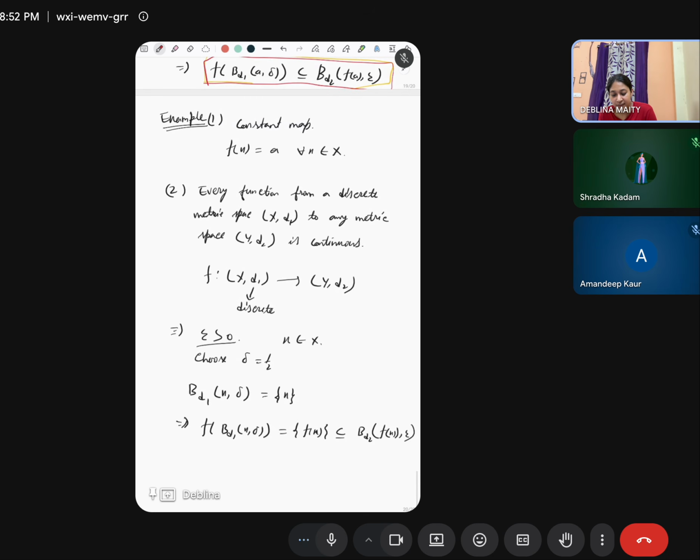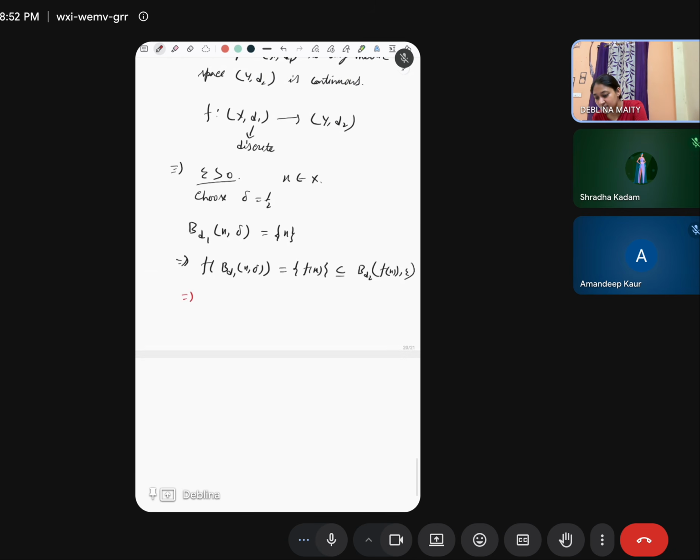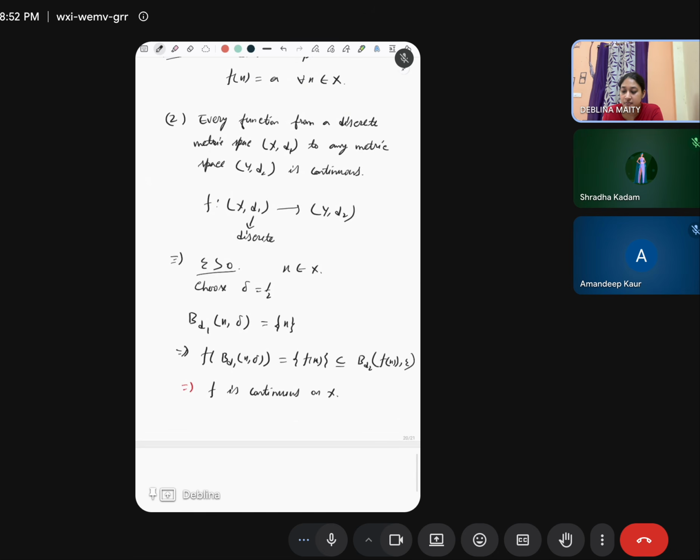So f is continuous at x, and since x is an arbitrary point of X, f is continuous on the whole space X. Now we can also show this continuity by the definition from open sets.